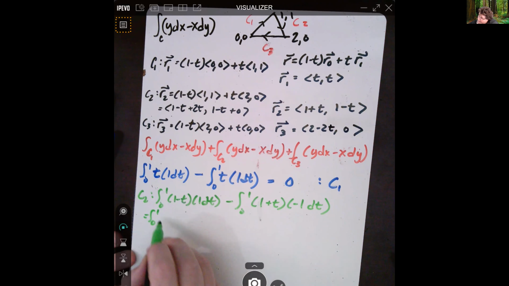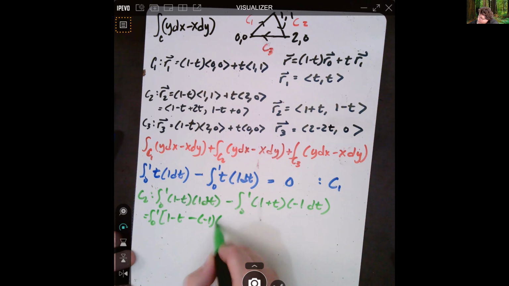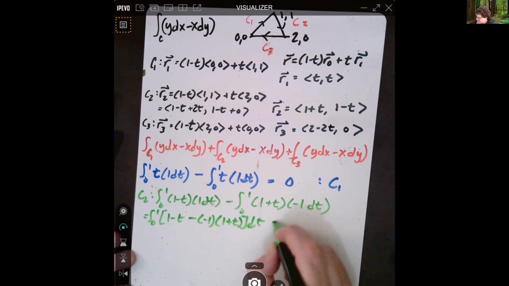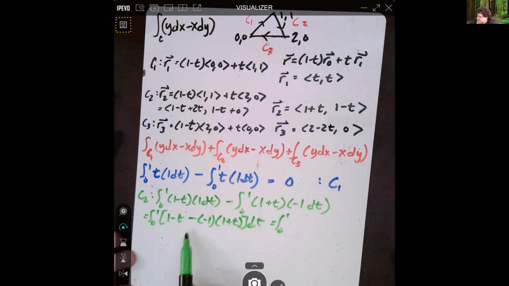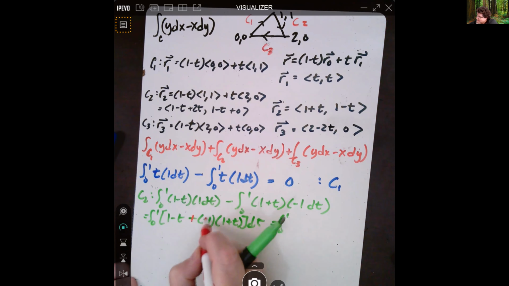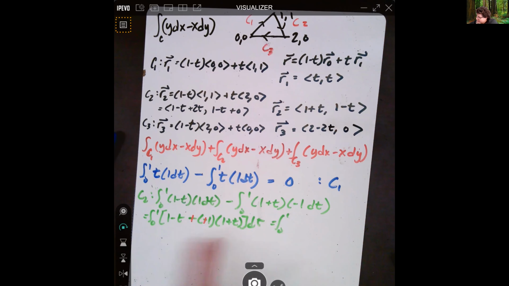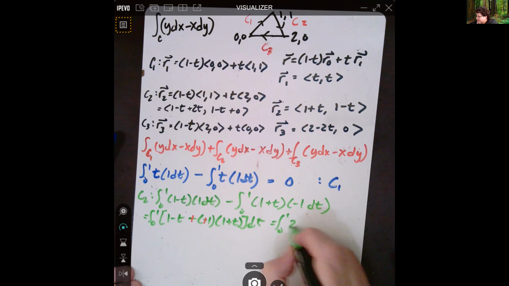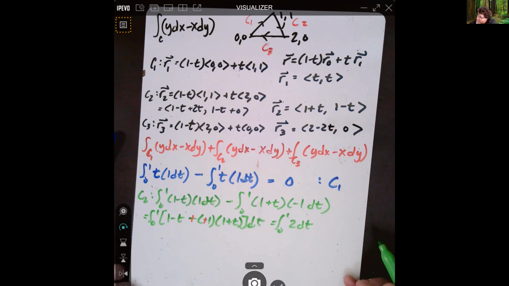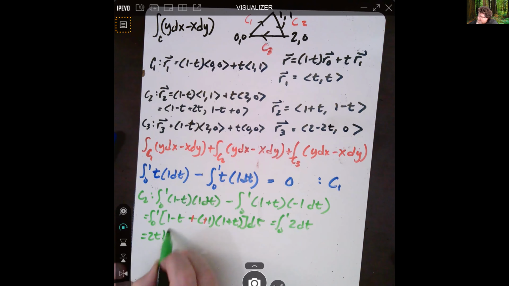I got 1 minus t minus -1, 1 plus t dt. So this is a plus. I got minus t plus t, the t's go away. I got 1 plus 1 is 2, 2 dt. So I get 2t evaluated from 0 to 1, and I just get 2.